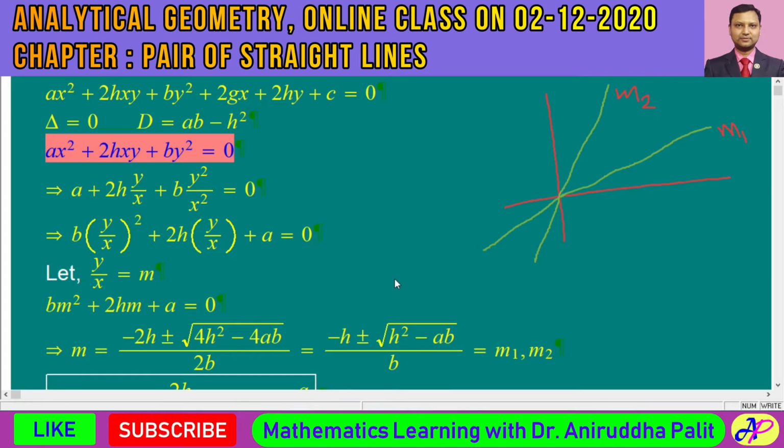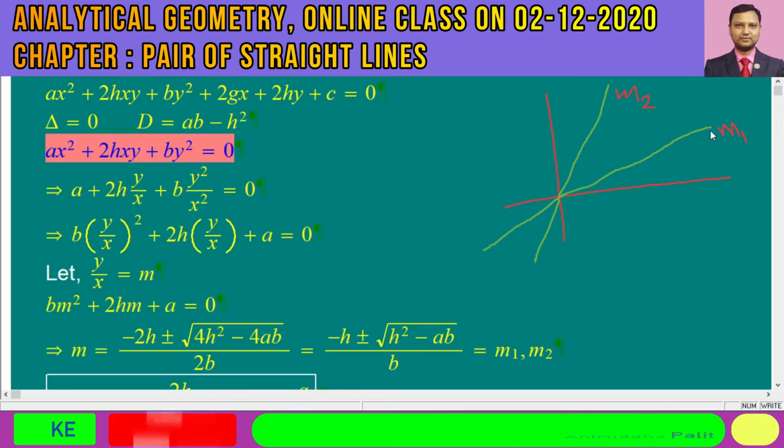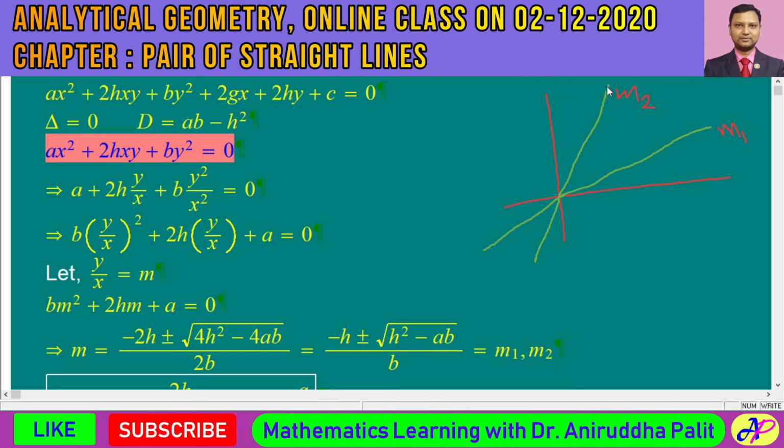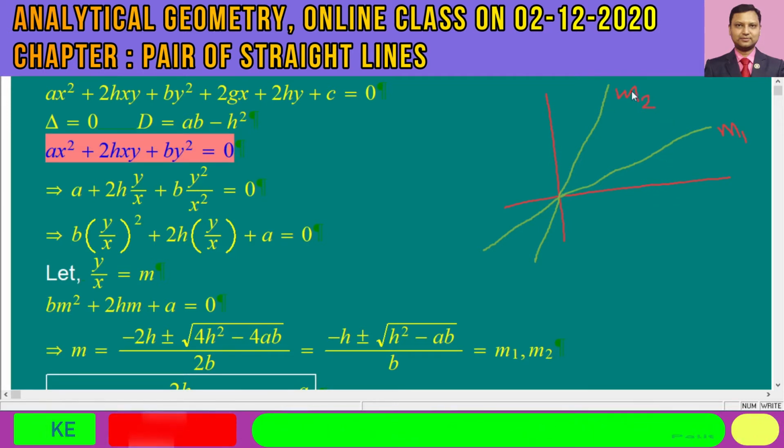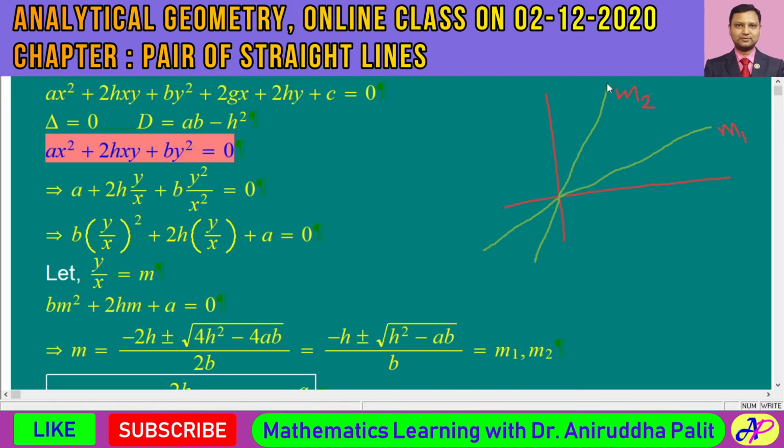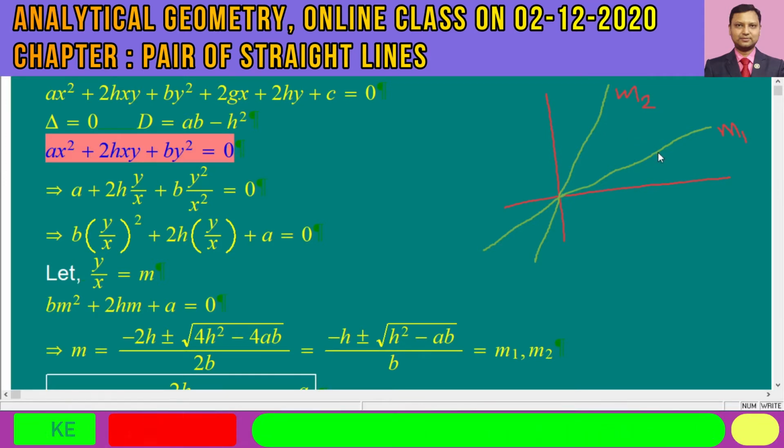Okay, if by chance m1 becomes equal to m2, in that case these two straight lines would coincide with each other. One straight line would be exactly identical to the second straight line. That's why I am saying that one straight line will coincide with the second straight line.